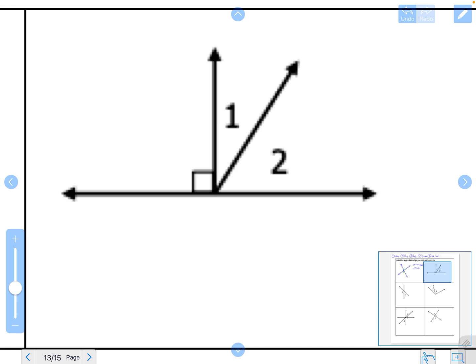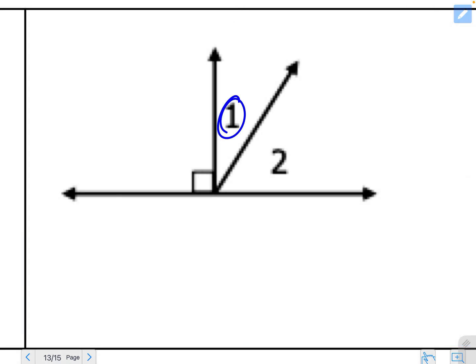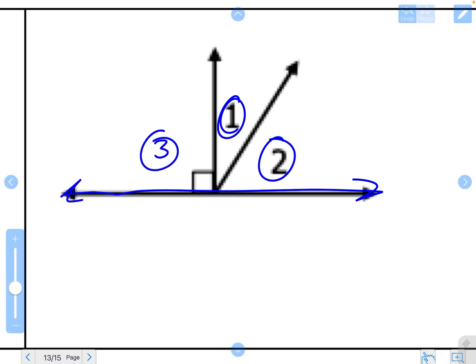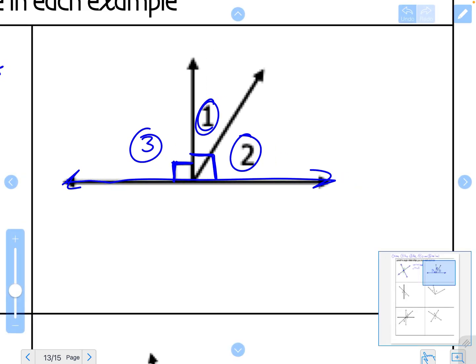So let's look at angle 1 and angle 2. So we have a straight line right here, which tells us that if we had an angle 3, 1, 2, and 3 would be supplementary, but the picture also gives us this right angle. So if I know that 3 is 90 degrees, I know that 1 and 2 are also going to be 90 degrees.